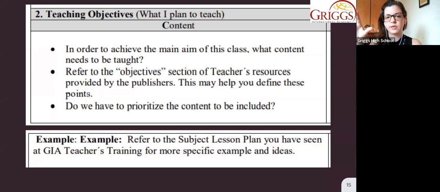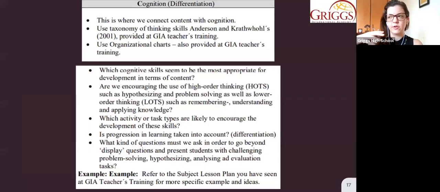In the content, in order for my students to reach that goal, I need to talk about this and that topic. And then in order for them to understand those topics and learn, I'm going to use this and that task. And in those tasks, they're going to use these cognitive skills. So you're always thinking about the same thing.